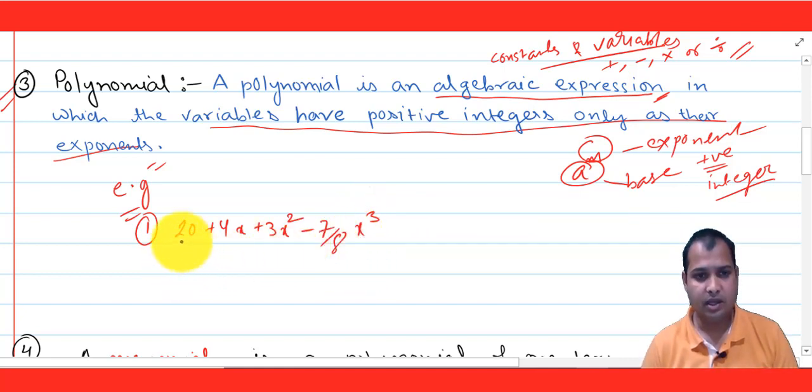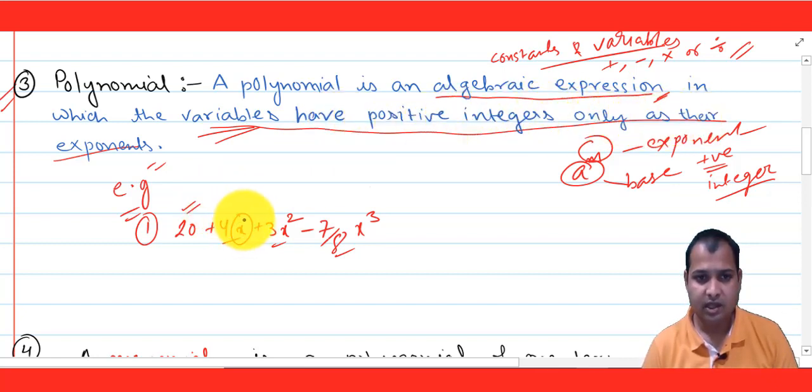Here you can see that first of all, this is an algebraic expression because this expression contains constant, okay, variables, yes, and thirdly, okay, the variables, okay, x is a variable, have positive integers only as their exponent.